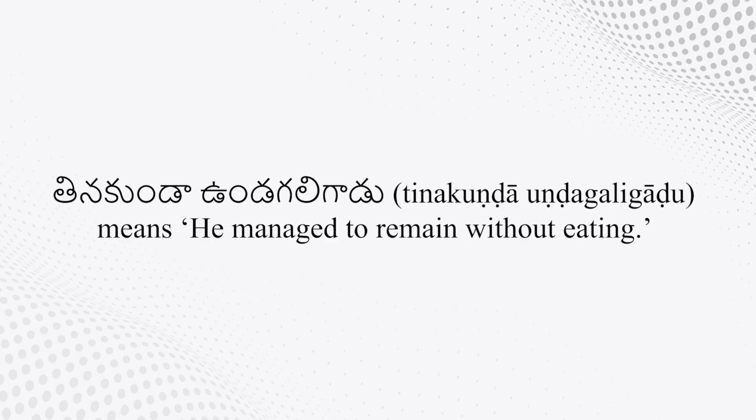For example, తినకుండా ఉండగలిగాడు means he managed to remain without eating. Here, తినకుండా means without eating, indicating one action, and ఉండగలిగాడు is the positive past ability form of to remain, showing that he was able to successfully control both actions together.